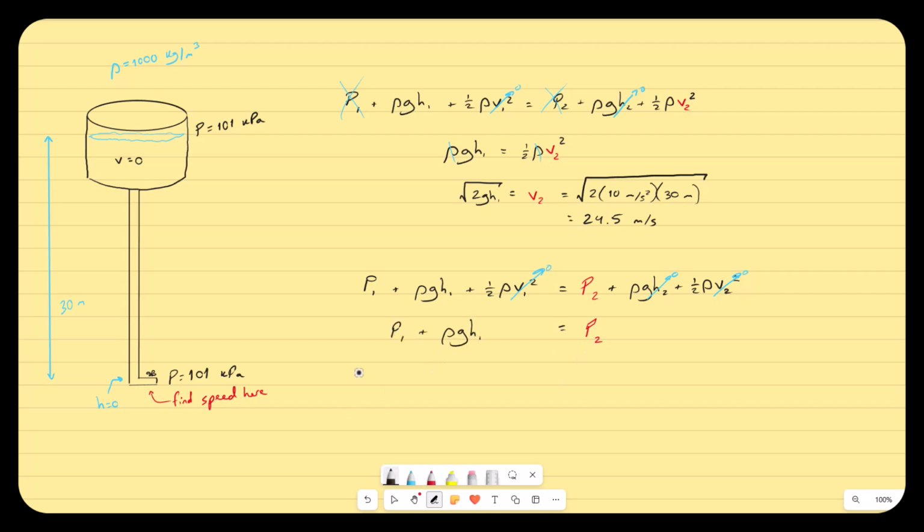This just looks a lot like depth pressure though, doesn't it? So we're going to get our 101 times 10 to the third pascals from pressure 1 plus density times gravity times height, 300,000 plus 101,000 looks like 401,000.